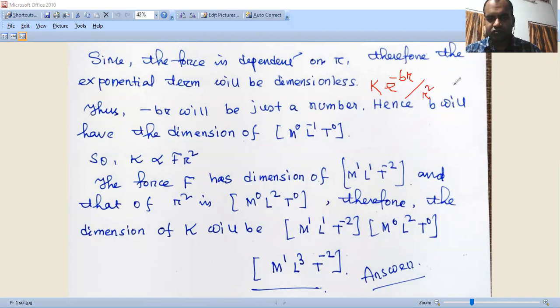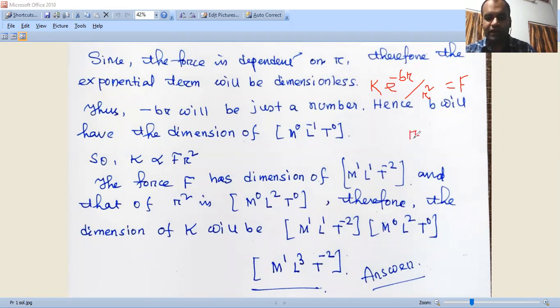The force is dependent on R square. Therefore, there should not be any dimension to this exponential quantity. And for that, B should have a dimension inverse to that of R.